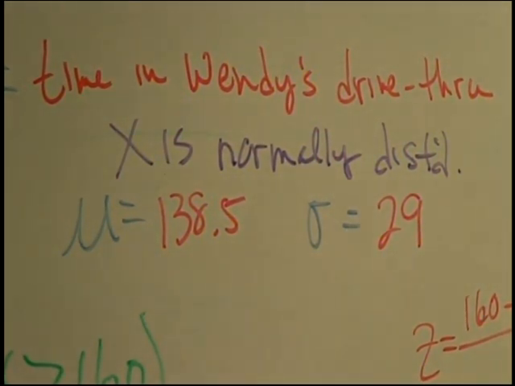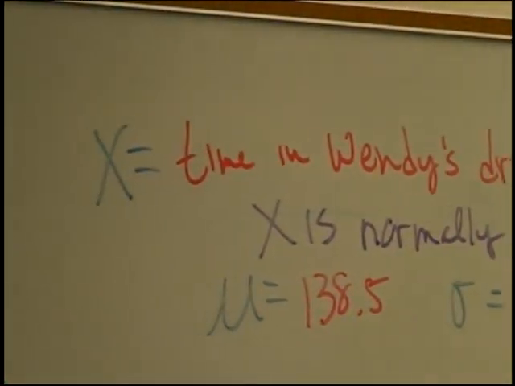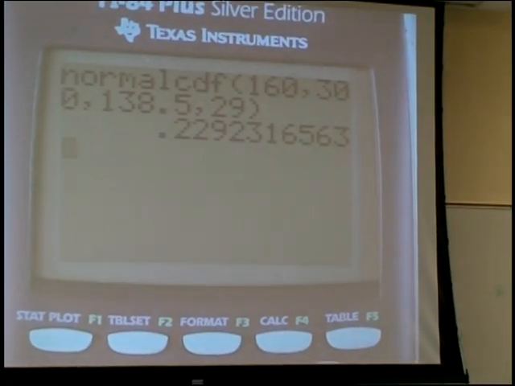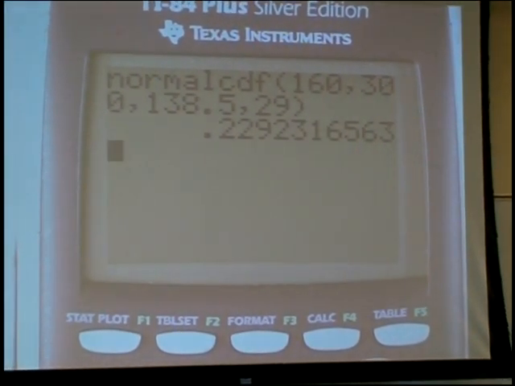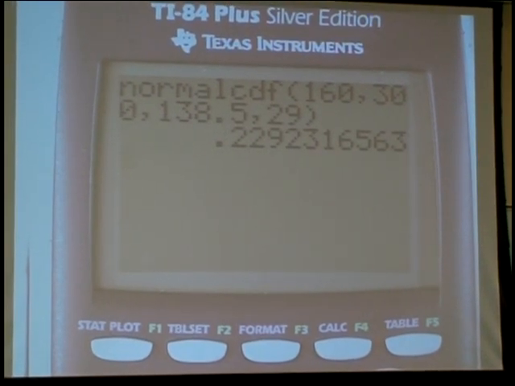So 300 should actually be fine, but something easy. Then your mean, 138.5, and your standard deviation of 29.2292. So again, a few decimal places off, but it's insignificant.